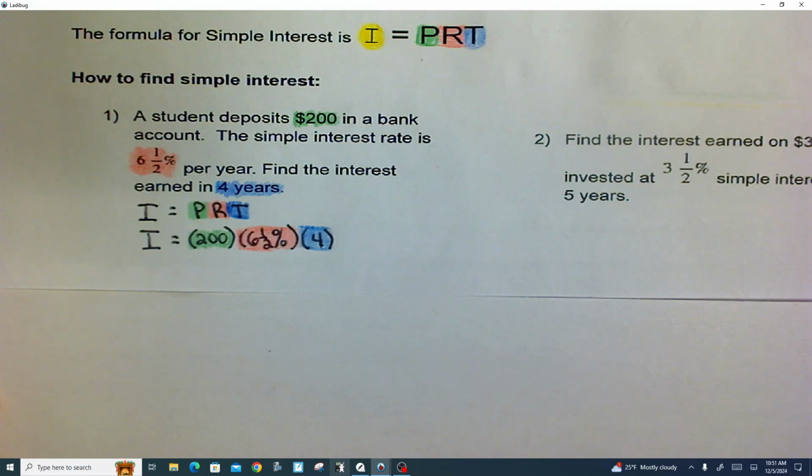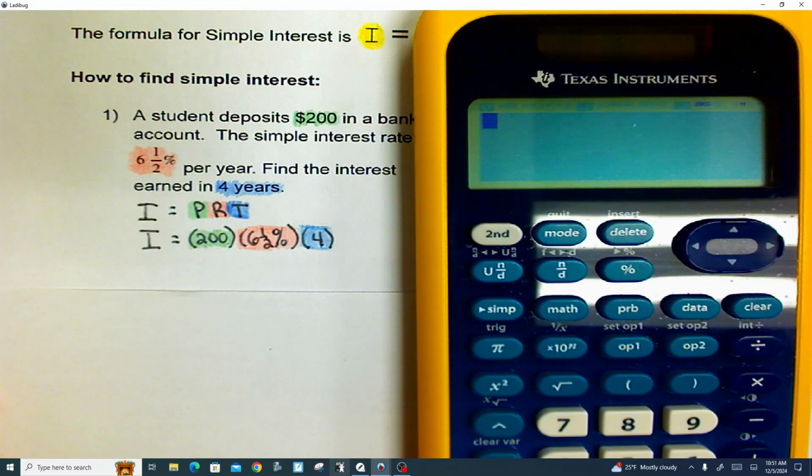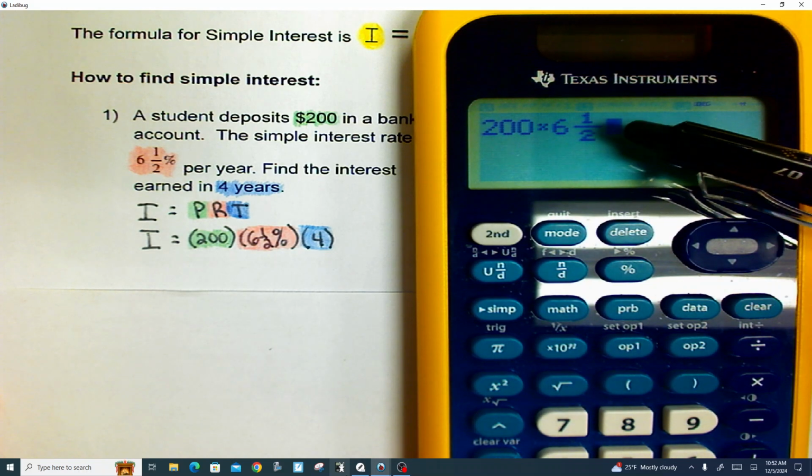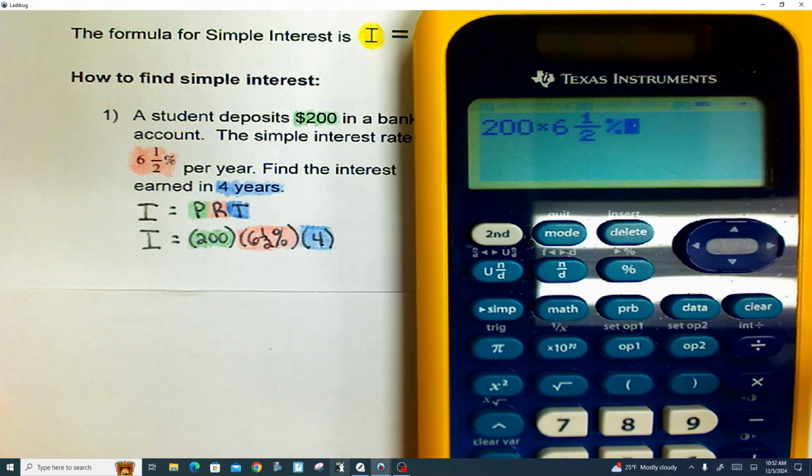And now we can go straight to the calculator. Now for the calculators that we're using, we can go ahead and put a percent sign right next to this, and we don't have to do anything else. And so 6.5%, you can see it right here, putting the percent sign using this button right here, and then we can just times it by the time. 4, hit enter.